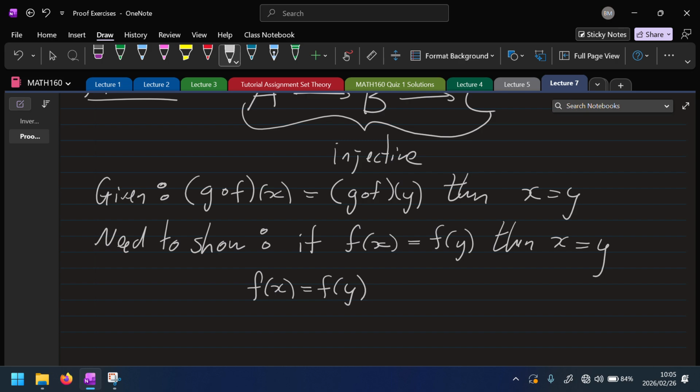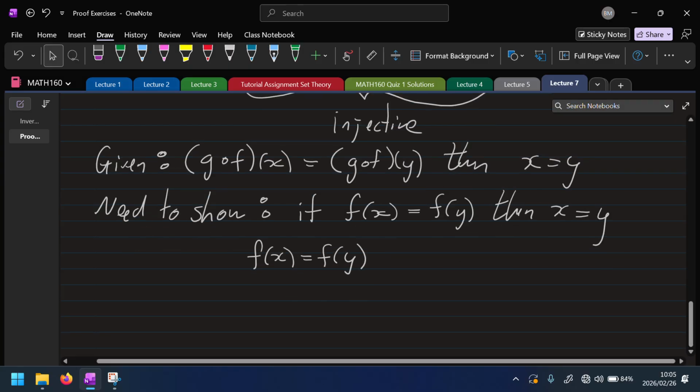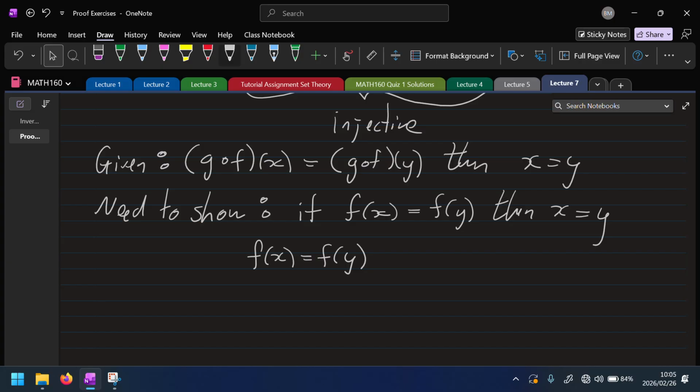Yeah, very good. So we're going to apply g on both sides. Did everyone hear what he said? Okay. So we're going to apply g on both sides. And then we're going to continue with f of x is equal to f of y, because we know that from the given.